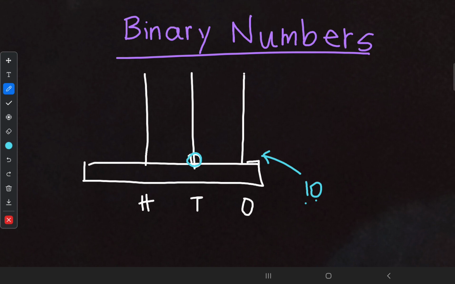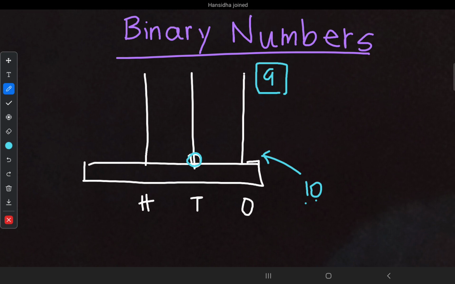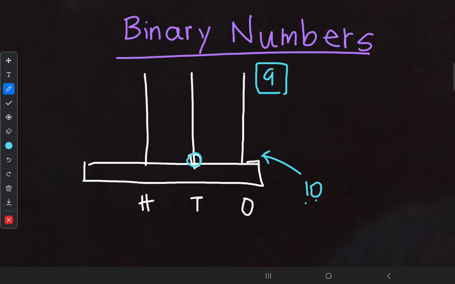In ones, the maximum number of bubbles we can input would be 9. In tens also we can input a maximum of 9 bubbles, because when you put 10 bubbles here, 10 times 10 would be 100, so we cannot denote that in the tens column. 100 would be a new column, so in the 100 column we can put a bubble to denote 100.